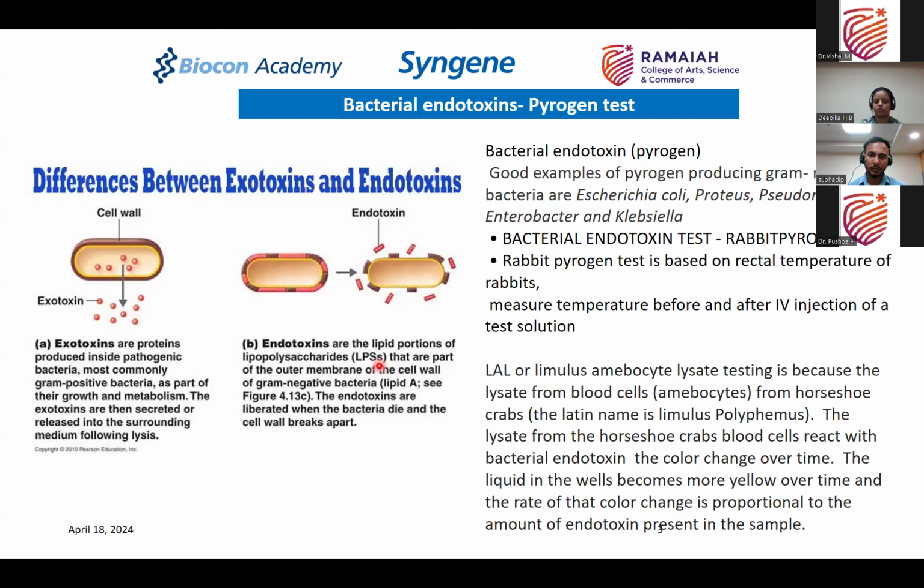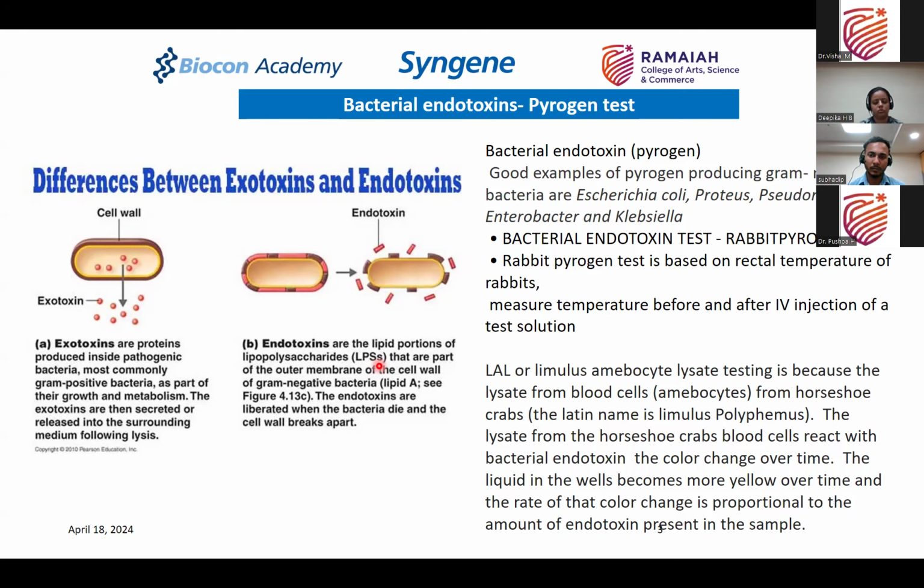Endotoxins are usually produced by gram-negative bacteria; they are the lipopolysaccharide present in the outer layer of the cell wall of gram-negative bacteria. They are released when the bacteria die and the cell wall breaks apart. This can be detected by two methods: the rabbit pyrogen test and the LAL test. That is what we could see in this slide.